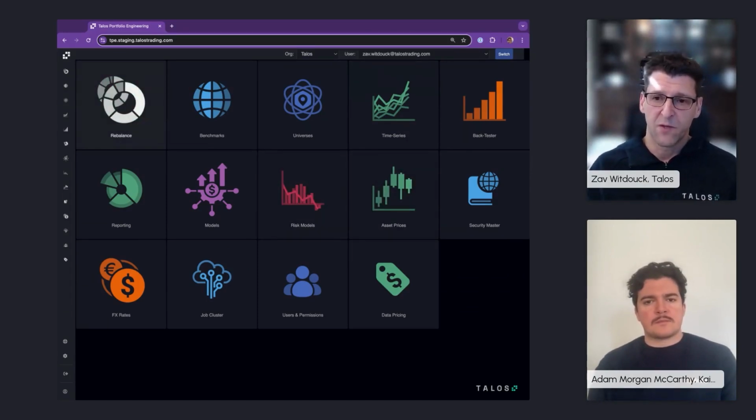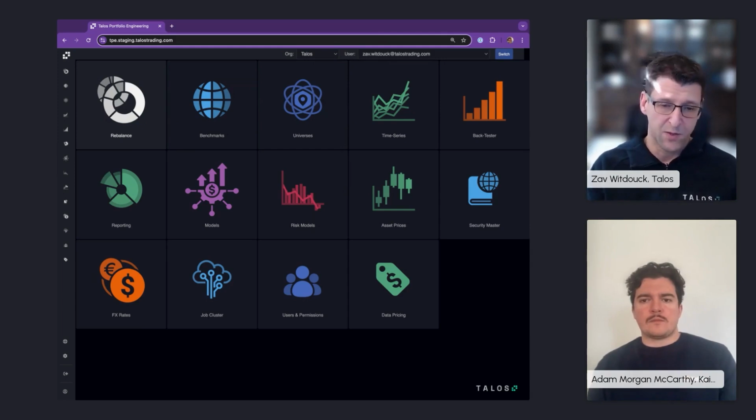Just to give you a brief overview, you can see these different tiles represent different applications or functionality on the platform. So we have a rebalance tool that allows an investor to rebalance a portfolio in a very systematic way using an optimizer.